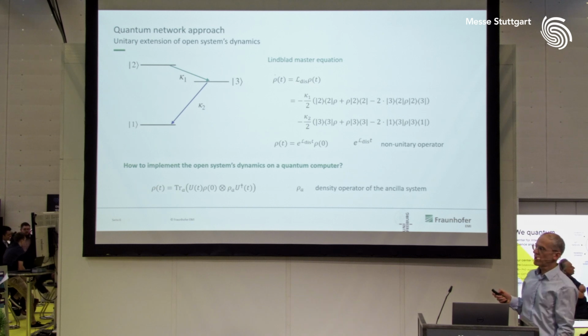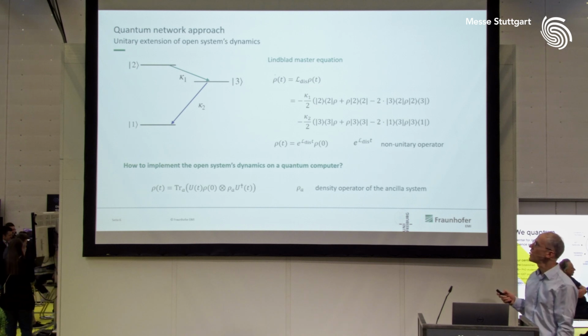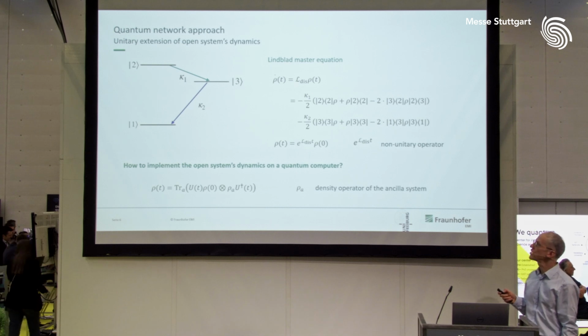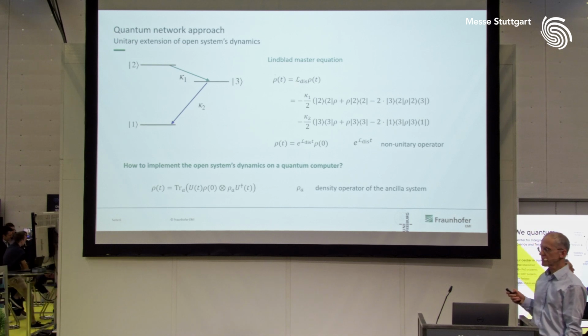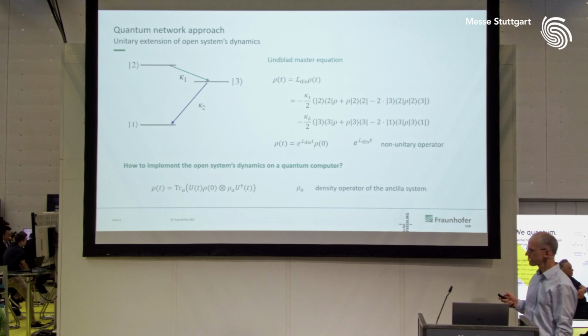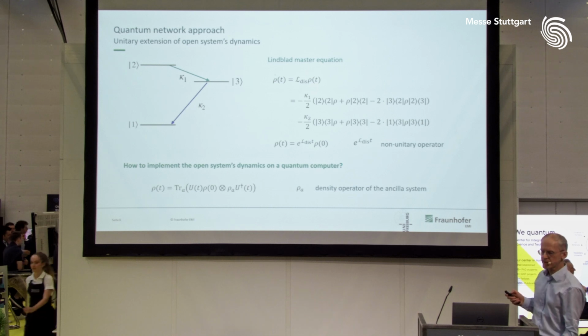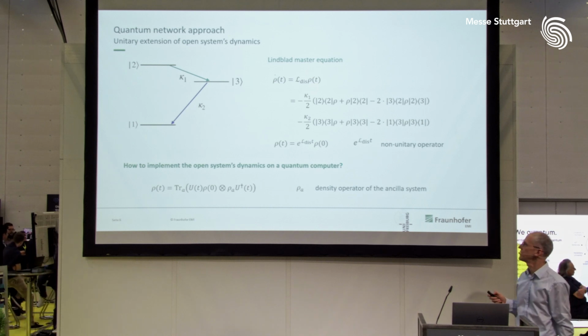So, the density matrix of a single node is described by the Lindblad type master equation. And this equation describes the exponential decay of populations and coherences associated with levels 2 and 3. One can solve this equation exactly, and the evolution operator in this case is a certain non-unitary matrix.